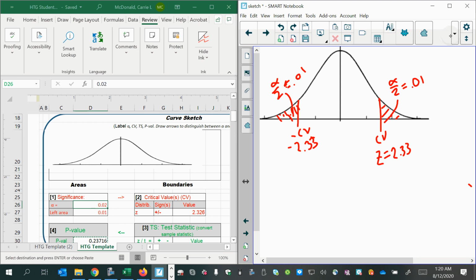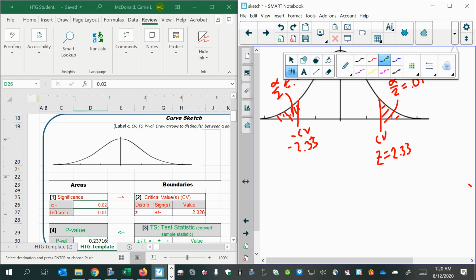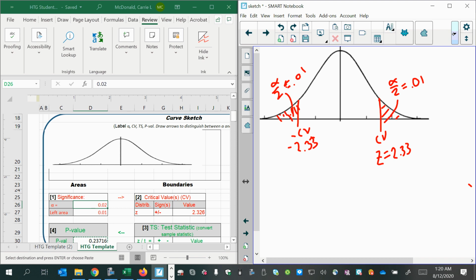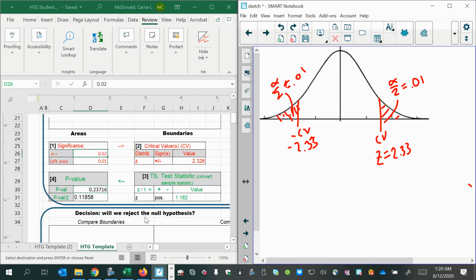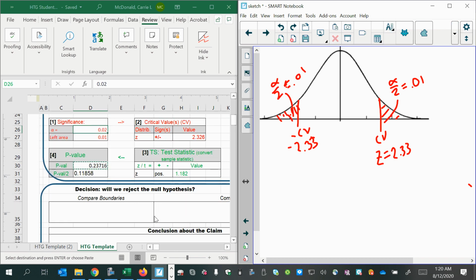And the test statistic of positive, was it positive 1.182, falls outside of the rejection region. So we will fail to reject.